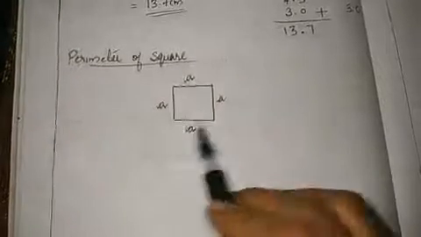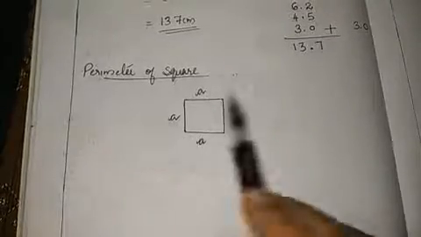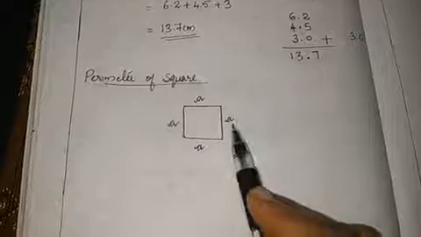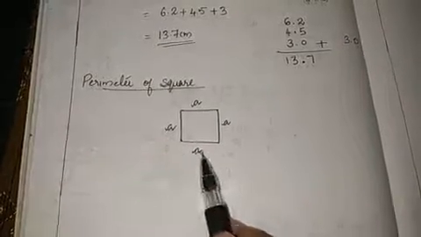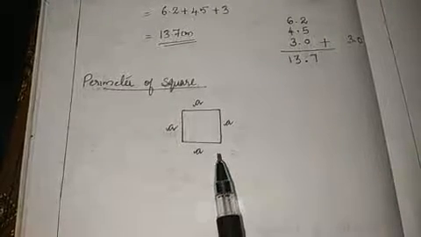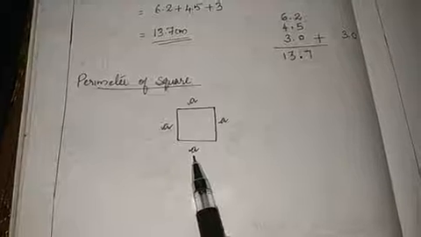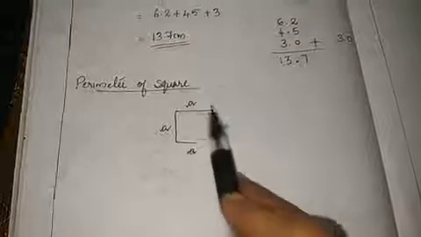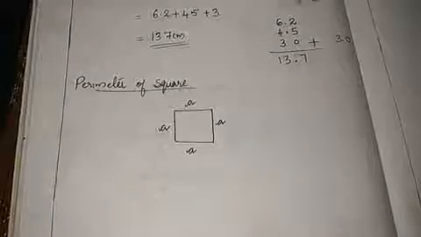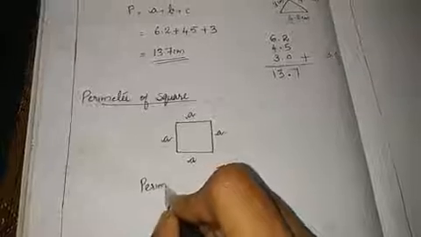Draw one square. We know that specialty of square is all sides are equal. If it is 3 centimeter, here also 3, here also 3, here also 3. In this picture, I have marked one side as small letter A. We are going to find the perimeter of this square.